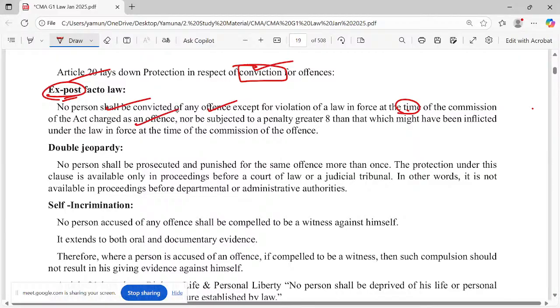See, you cannot be charged as an offense. You cannot be subjected to a more severe penalty. See, at the time of committing that wrong, what was the law? That law alone will be executed.